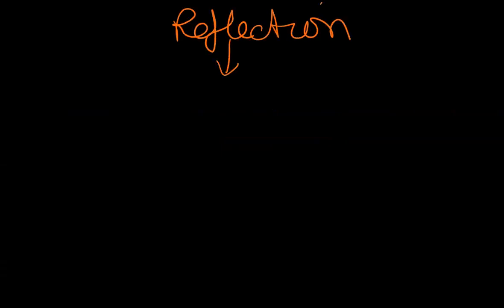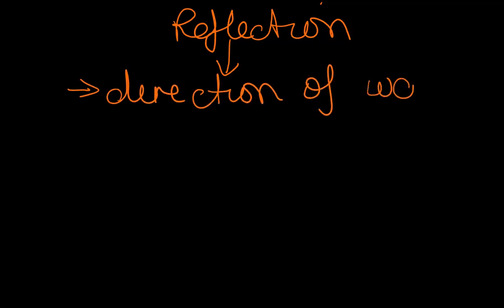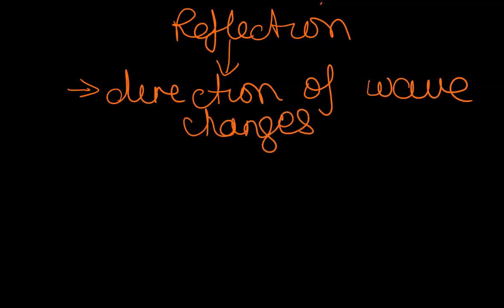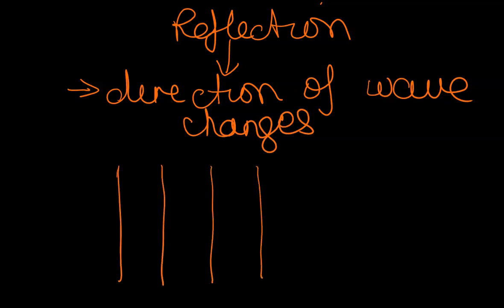So when you have a wave having a property of reflection, it means that it encounters a medium where it has rebounded. So the only property of the wave that changes is the direction of the wave. So I can represent that very simply by showing a series of plane wavefronts, and I show the direction of travel of the wave as always perpendicular to my wavefronts.